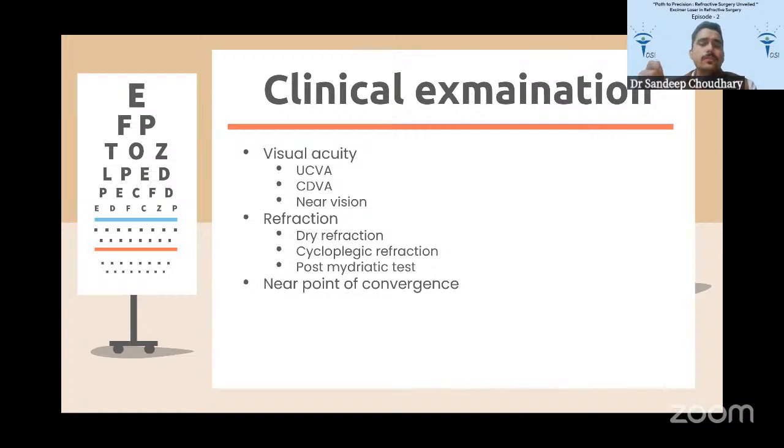Near point of convergence is also important, because myopes tend to have lower convergence, weakness of convergence. If this is the case, we have to explain to the patient that they need to do convergence exercises, sometimes even before the surgery.